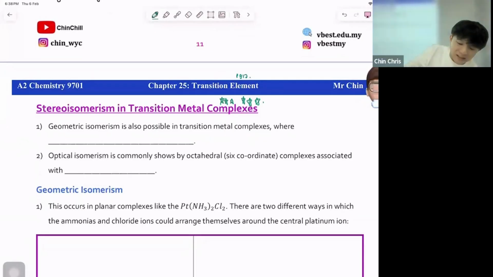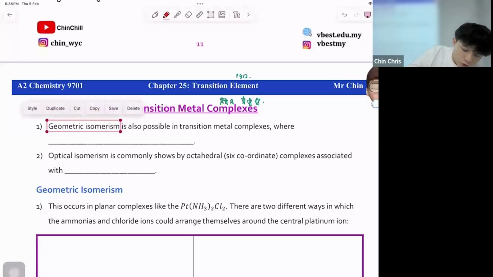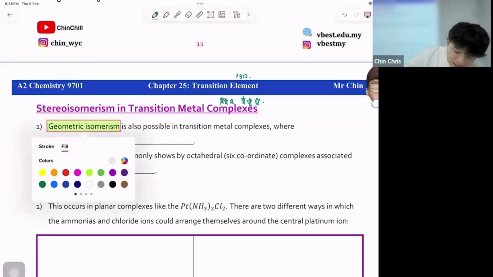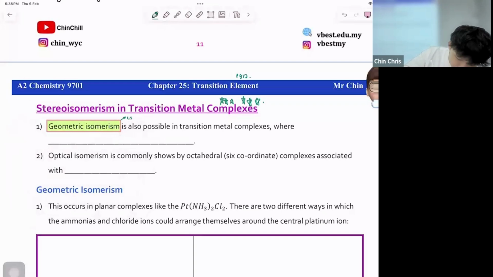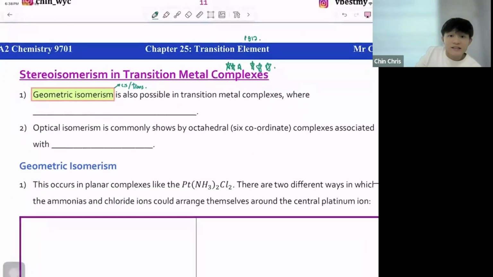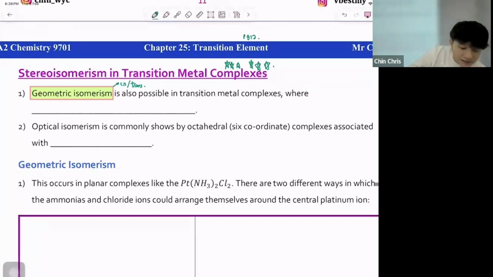First, let's look at geometric isomerism. What is geometric isomerism again? Geometric isomerism is basically your cis-trans. For cis-trans to exist in a transition metal complex, the shape itself must either be square planar or octahedral.